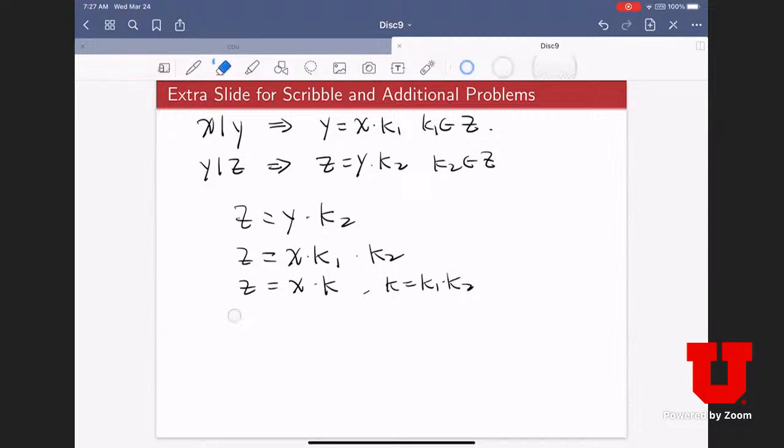And thus you can say x divides z. And therefore (x, z) is in R.